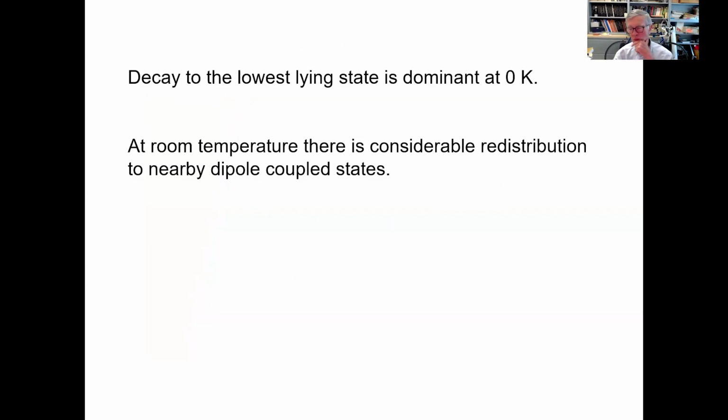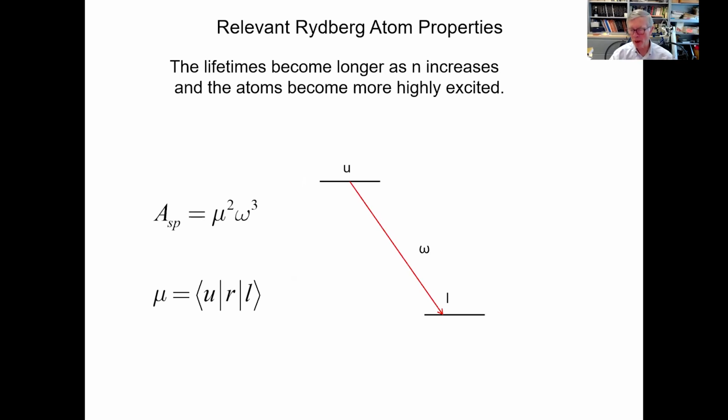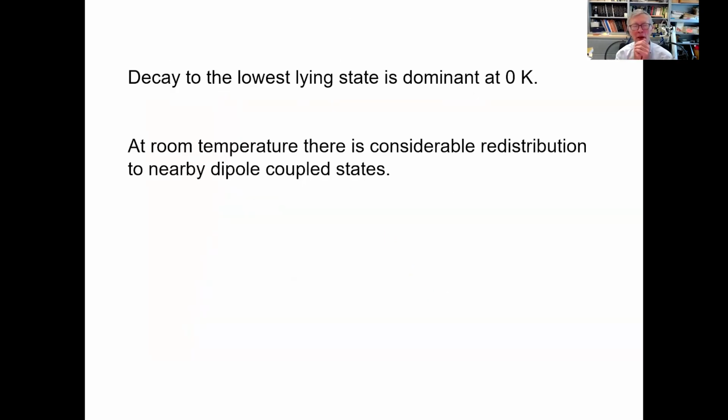Okay, what I've just shown you is true at 0 Kelvin. That is, decay to the lowest lying state is always a dominant feature. At room temperature, there's considerable redistribution to nearby dipole coupled states.